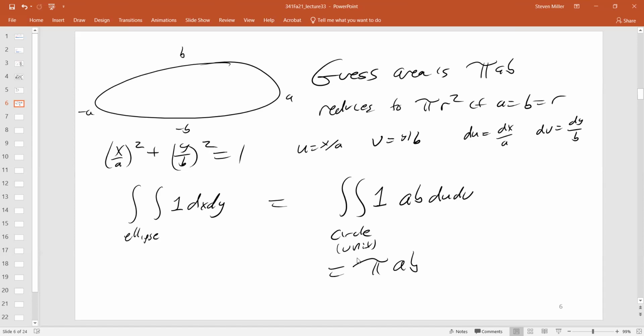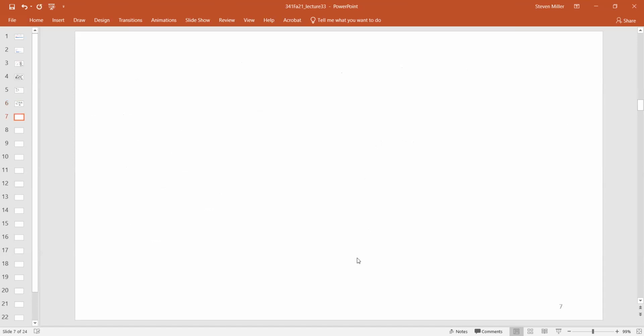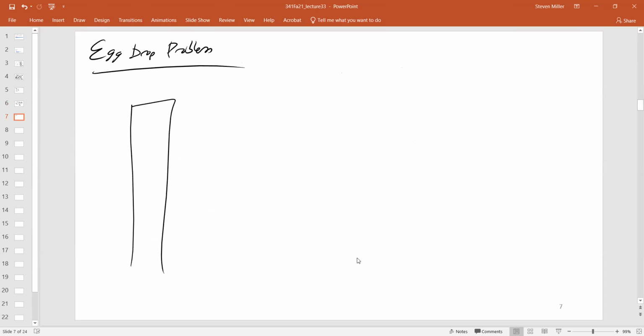Okay, so what I want to do for the last part is the egg drop problem. It is all it is cracked up to be. This is an extremely absurd situation. You have a building and you want to know what is the highest floor you can drop an egg off the building without the egg breaking.